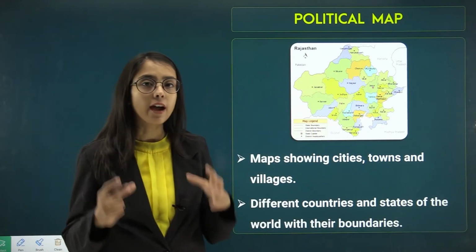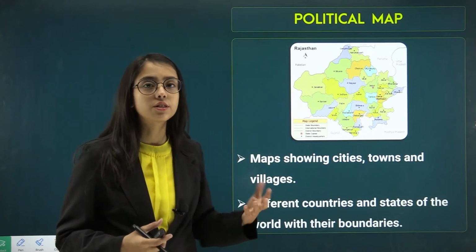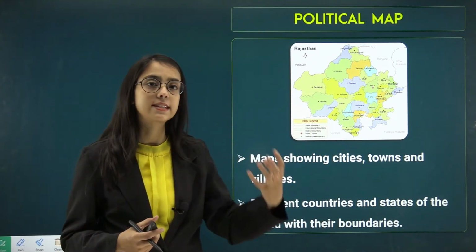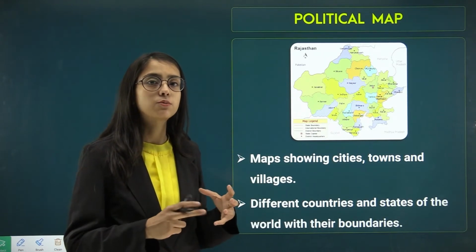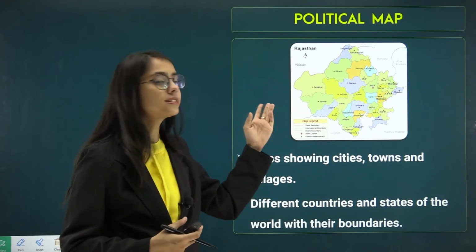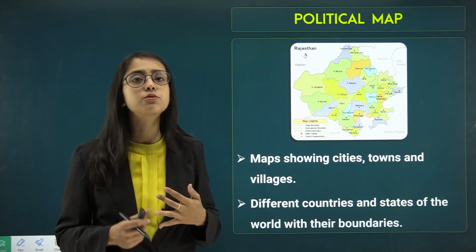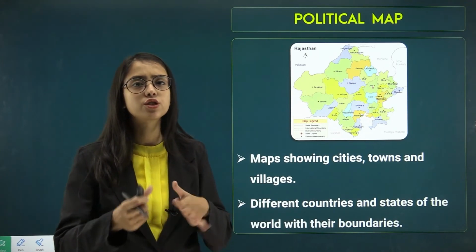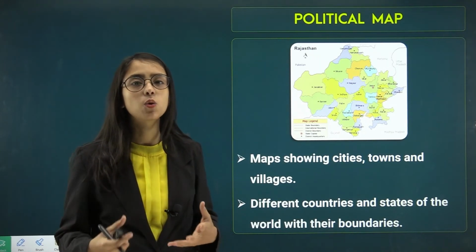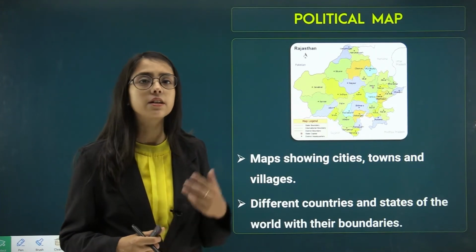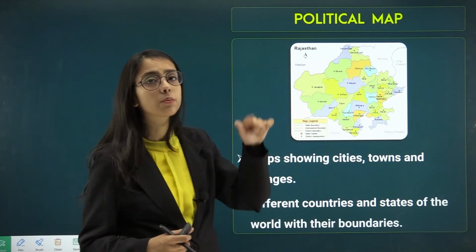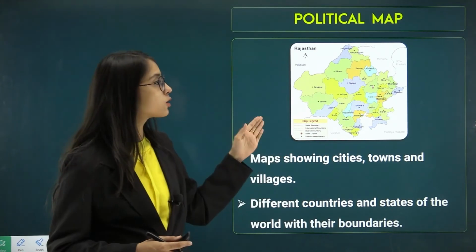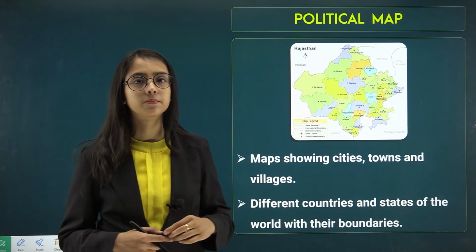We have political maps of different countries which show the division of states and regions as well, and the political maps of states show the division of cities such as this. Maps showing cities, towns, villages, states, and different countries and states of the world with their boundaries, with their territorial borders, are known as political maps.